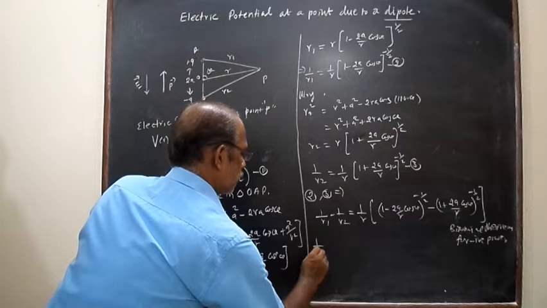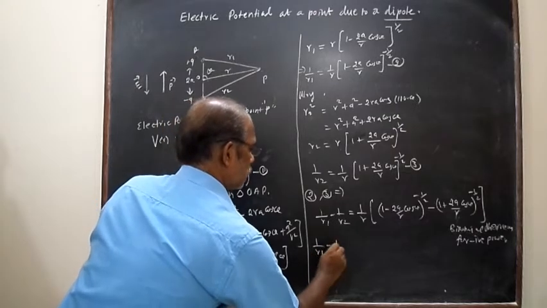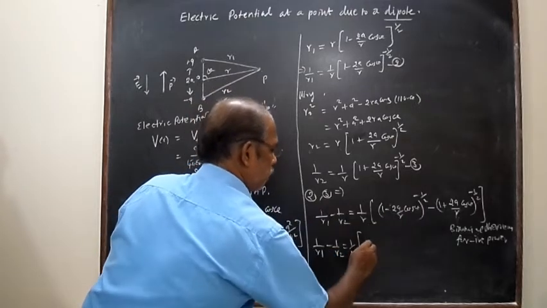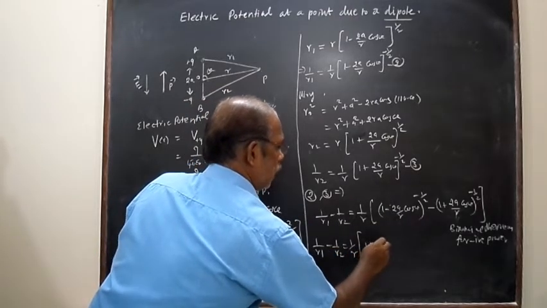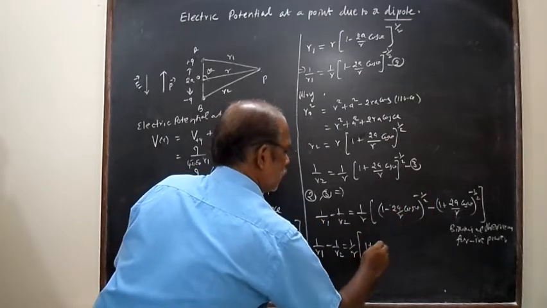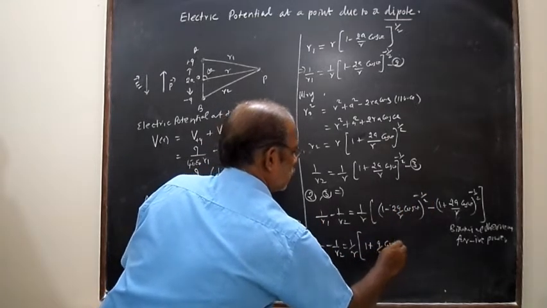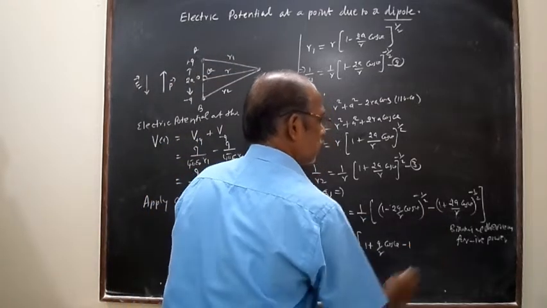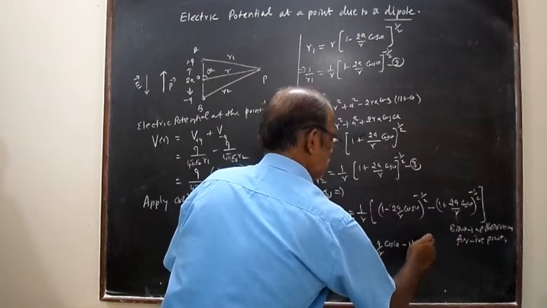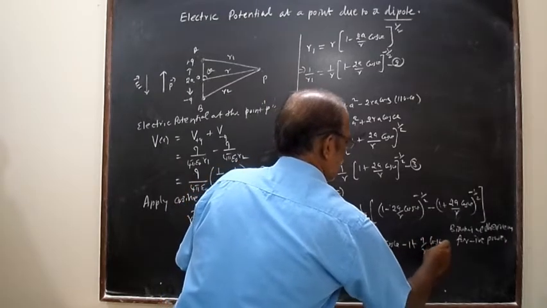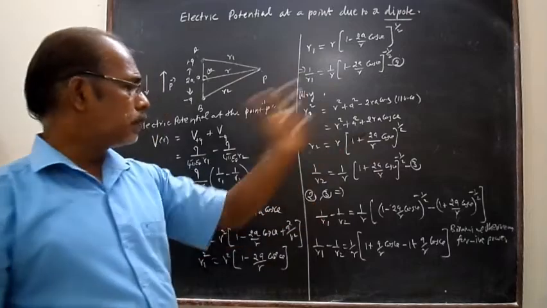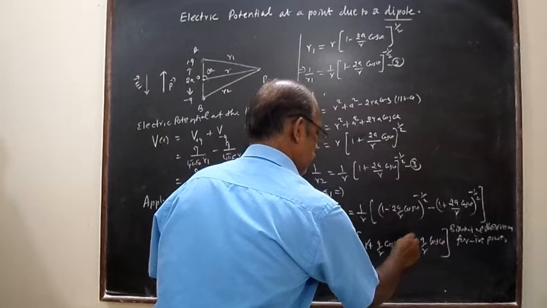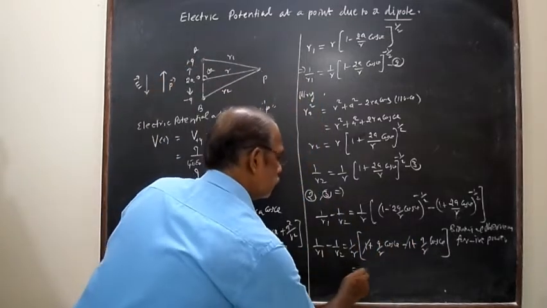After expansion, 1 by r into 1 plus a by r cos theta, then minus 1 and minus a by r cos theta. The remaining terms are neglected. Then plus 1 and minus 1 cancel, so 2a.